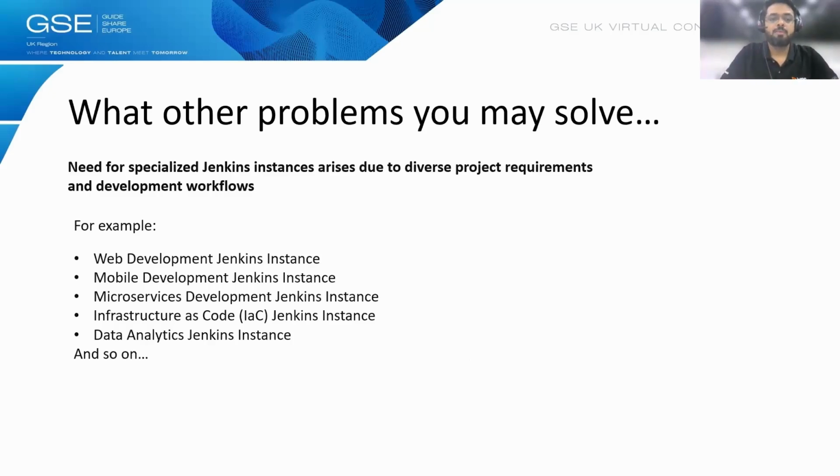Coming on to what other problems you may solve. Again, this is not specific to what I have showcased, so it is one of the problems that you can solve. There might be a situation where you would need Jenkins instances specifically for diverse project requirements or workflows. As I was explaining, you need them for source code verification, like installing SonarQube or Artifactory build stuff, or any kind of stuff that you want to run on your Jenkins, like a web development instance.